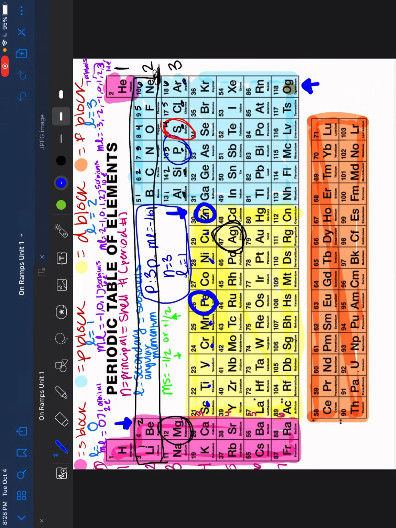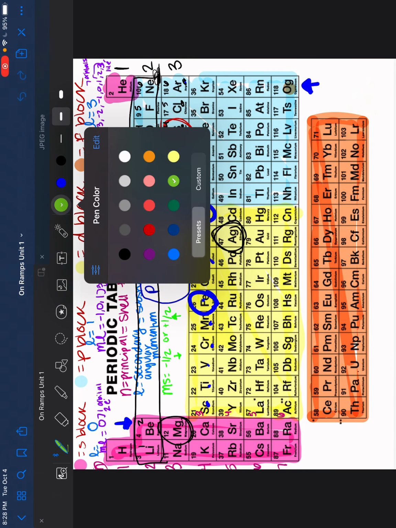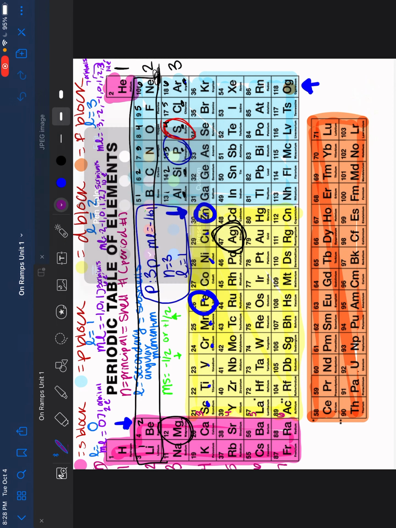Oxygen, sulfur, cesium, and barium. Okay, so let's do those in a color I haven't circled on the periodic table. Let's do purple. So we have oxygen, sulfur, barium, and cesium.